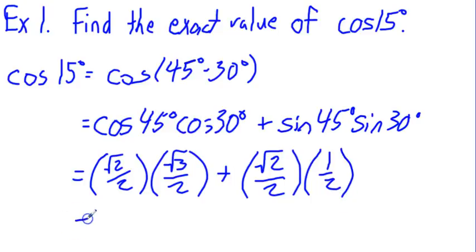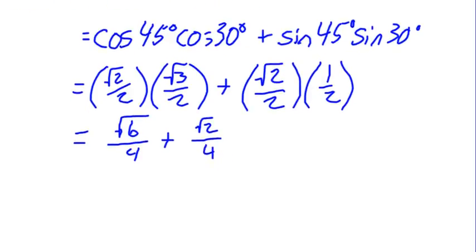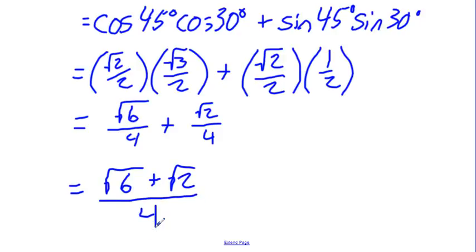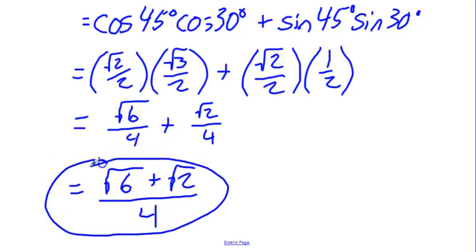So if we multiply these values out, radical 2 times radical 3 is radical 6, over 2 times 2 is 4, plus radical 2 times 1 is radical 2, over 2 times 2 is 4. So if we just write this as one fraction, we get radical 6 plus radical 2 all over 4. So that gives us the exact value for the cosine of 15 degrees using that sum and difference identity.